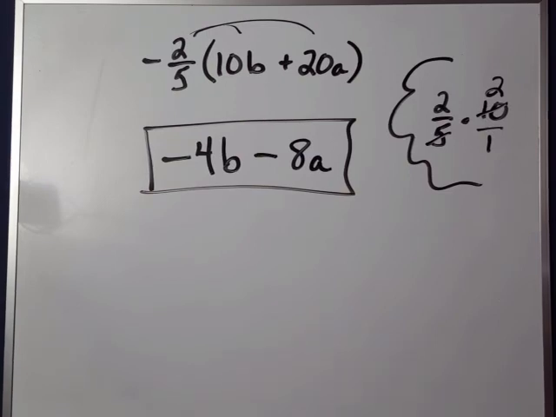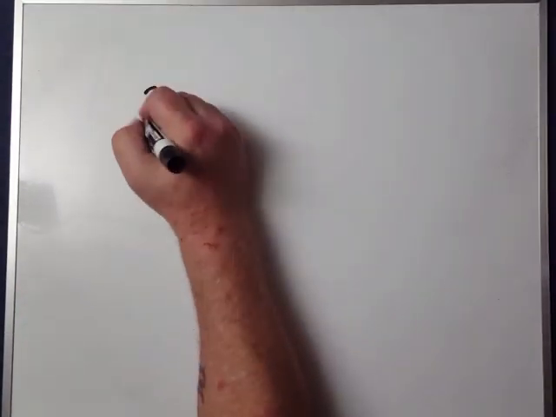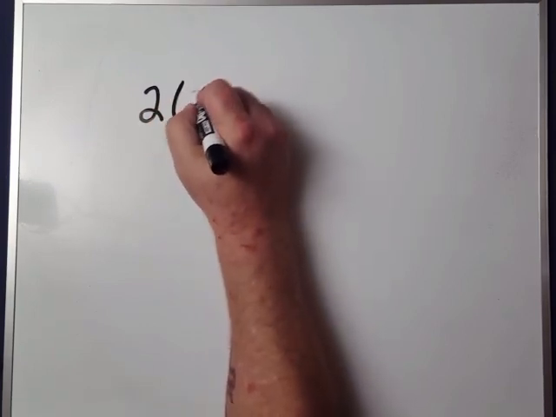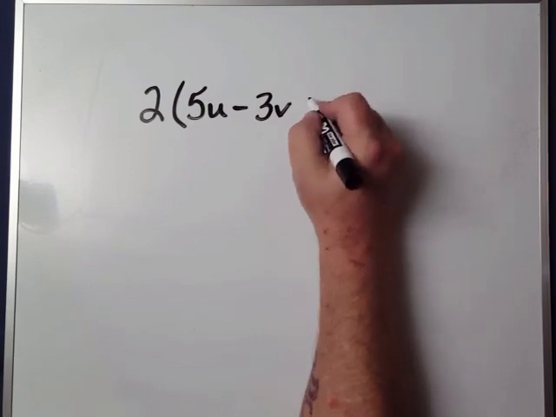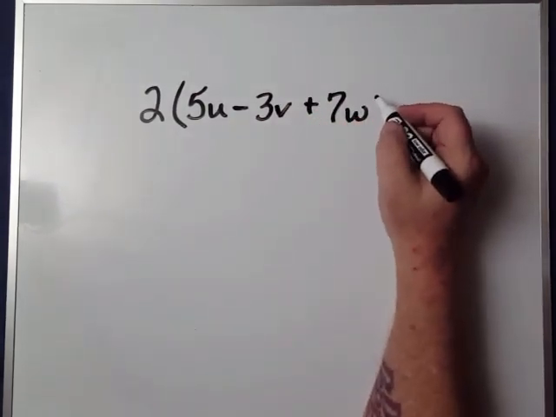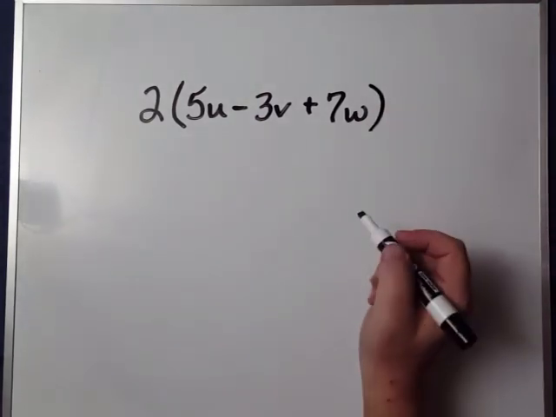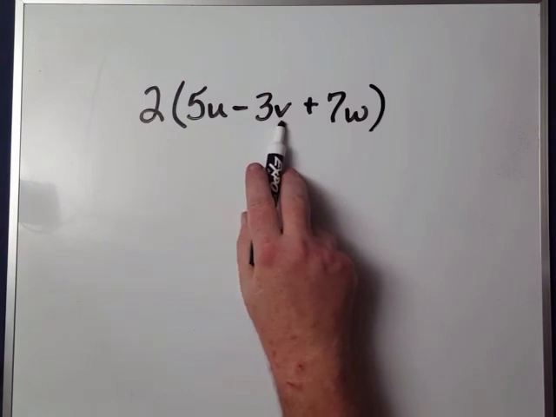The distributive property will work over more than two terms. Consider number 88. Here's another place where I will caution you on handwriting. We mentioned that in class, but U's and V's.